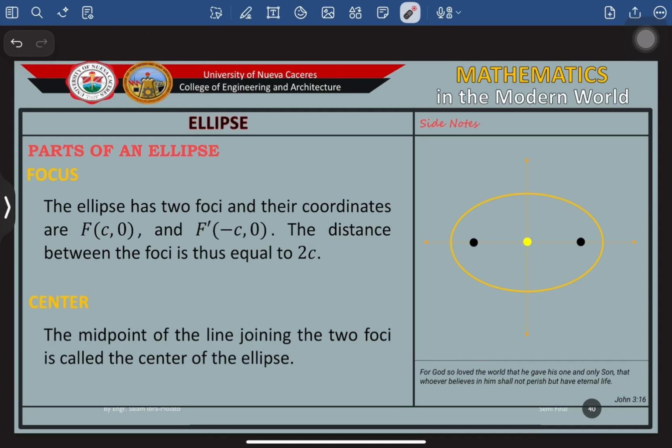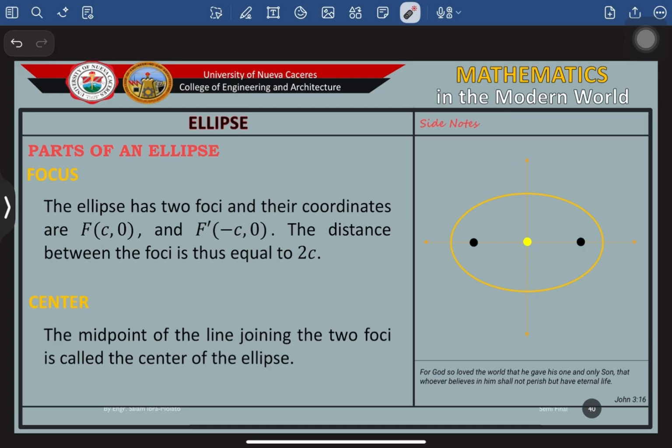That means that the distance from the center to one of the foci is denoted as c, positive c, since it is on the positive side of the x-axis, while the other one is negative c. So, the distance between the foci is thus equal to 2c. So, yan yung summation nila.